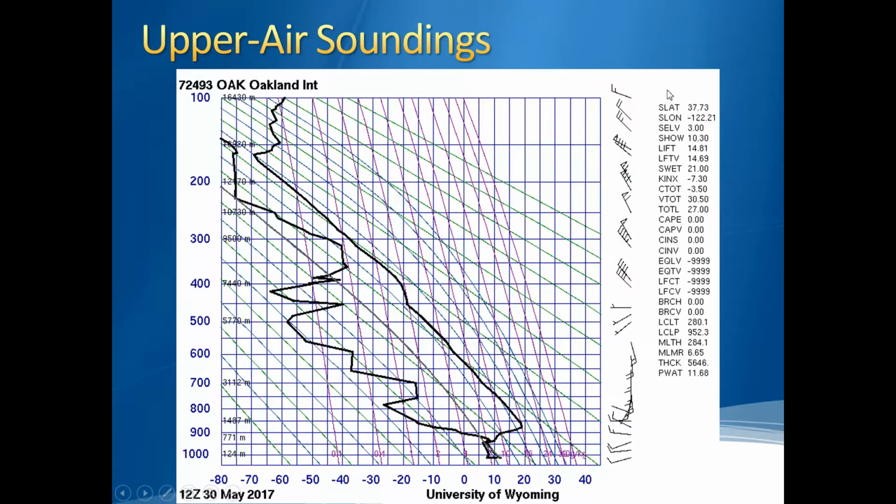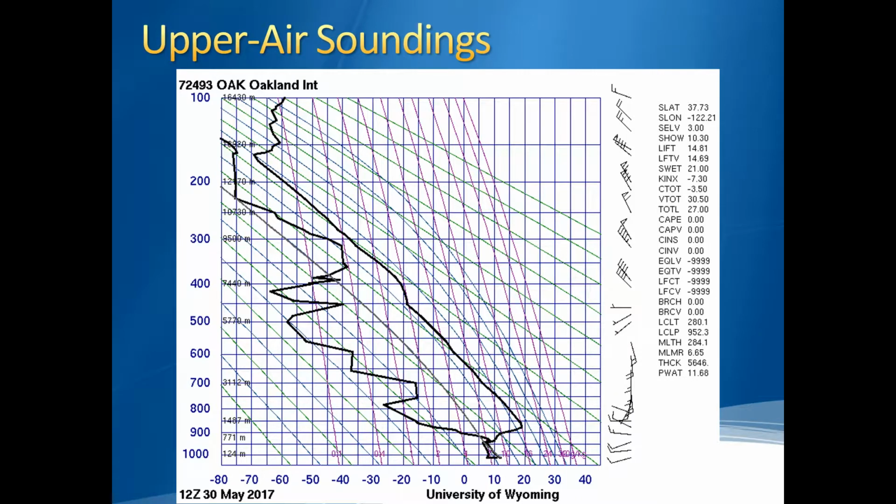This can also tell you a lot about different types of advection. If the winds change a certain direction with height, or what are called veering or backing winds, they could tell you a lot about advection, whether warm air, cold air is moving in, and so on. And so these are very useful tools.